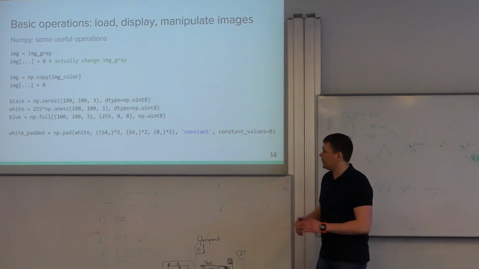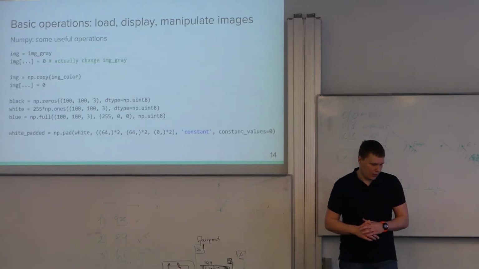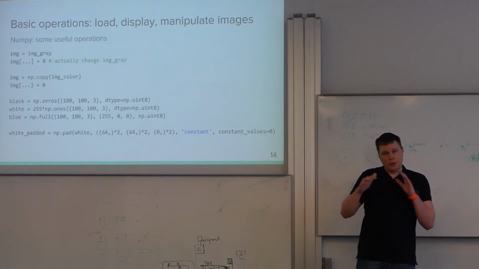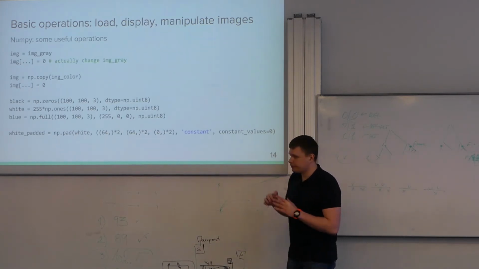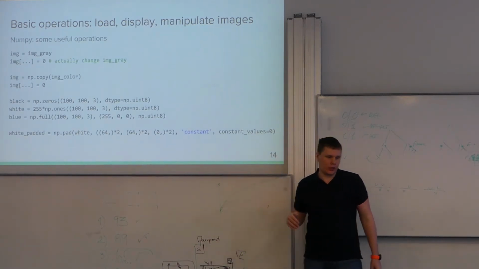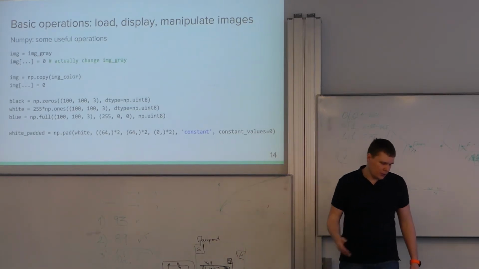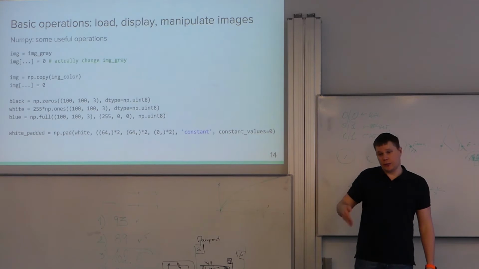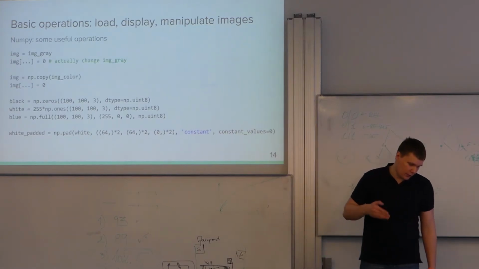Let's talk about some other useful things with NumPy. If we want to copy an image, it's not enough to simply say image 1 equals image 2. In this case, if we start to change image 1, we're actually changing image 2.